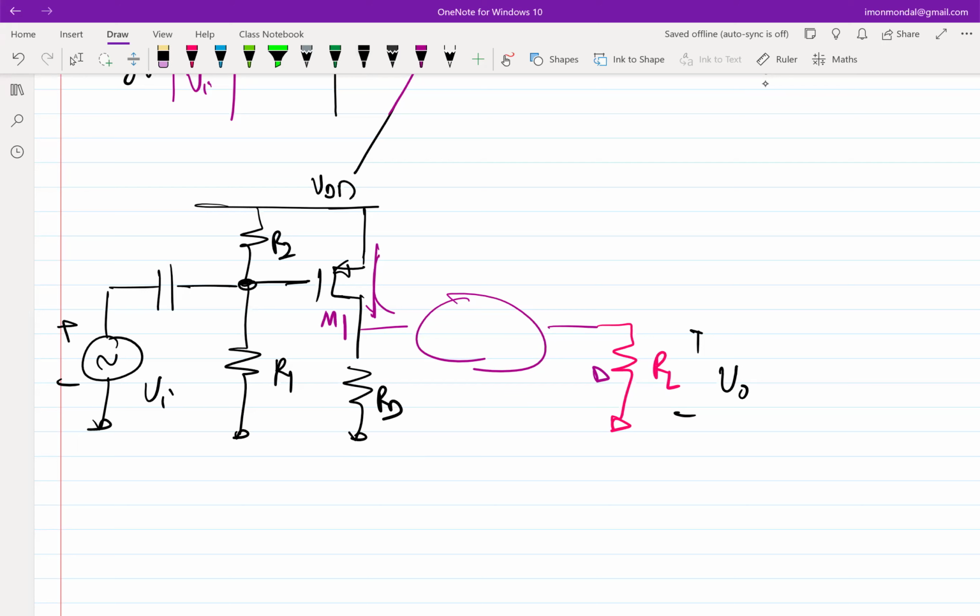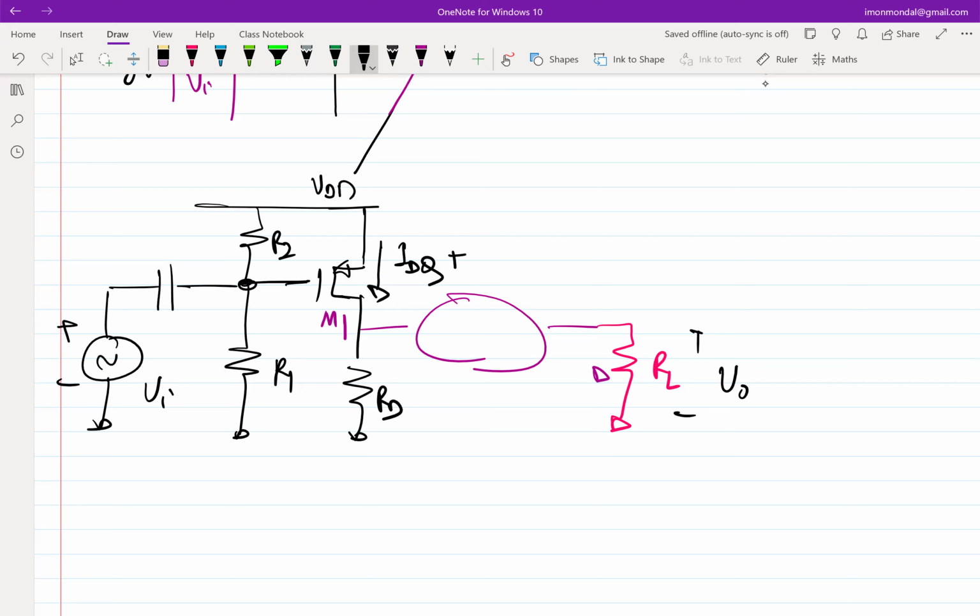So now the question is, if I develop the incremental gain between V0, which is across RL, and VI, what should I put between these two contraptions in order to get this? In other words, this device is going to give me a current which is IDQ, the biasing current, which is anyway present, but it's going to give me some extra current.